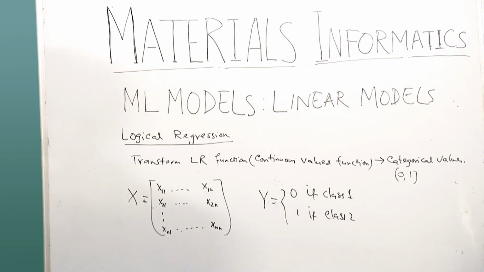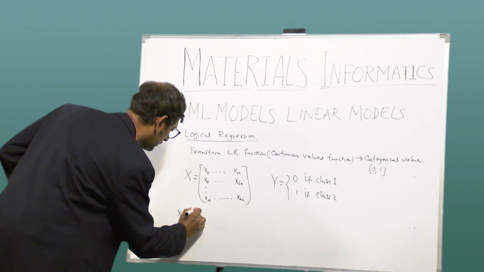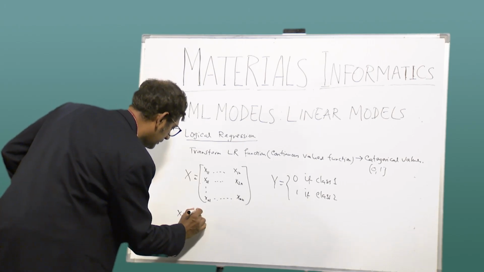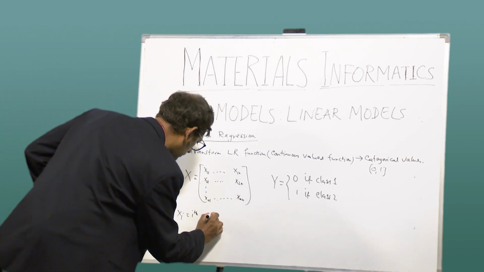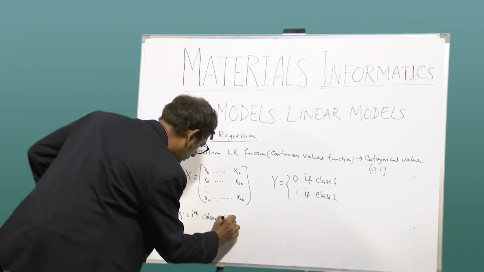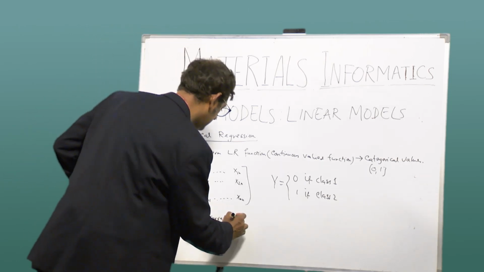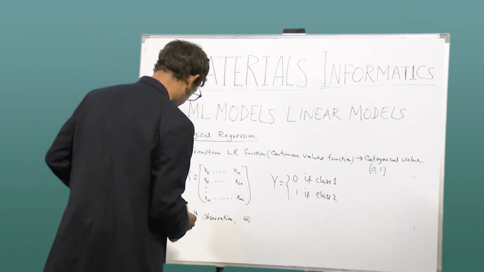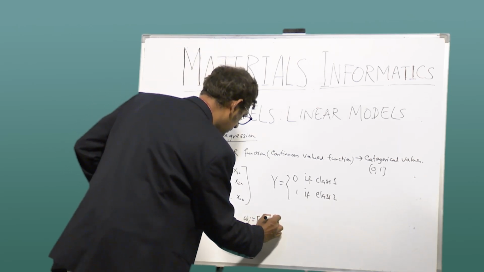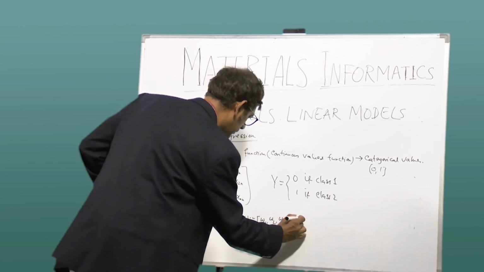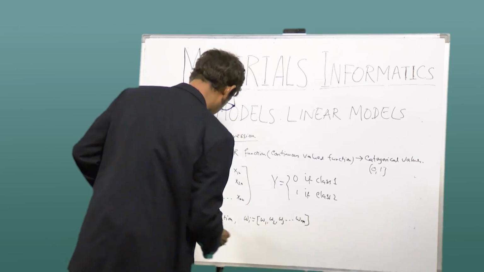Now, if xi is the ith value, or ith observation, and wi the weights, these are different weights.